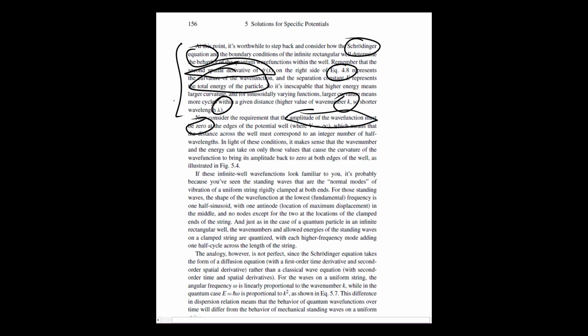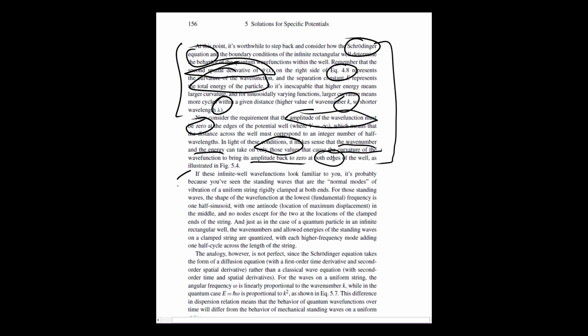Well, given that it's got to be 0 at both edges, it makes sense that the wave number and the energy can only have certain allowed values, which cause the curvature of the wave function to bring the amplitude exactly back to 0 at both edges. So that's how the Schrödinger equation and the boundary conditions dictate the wave functions that we've just seen.